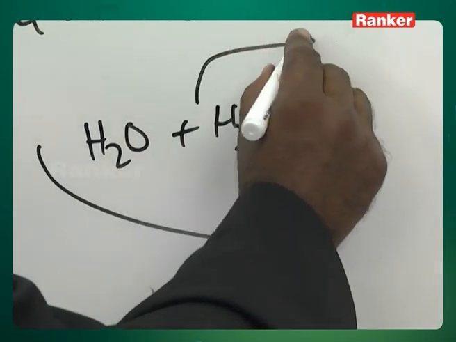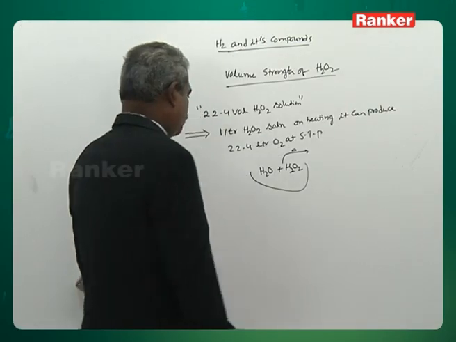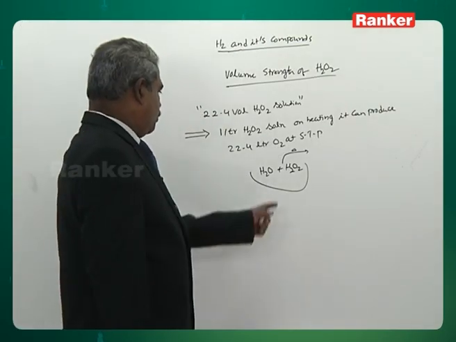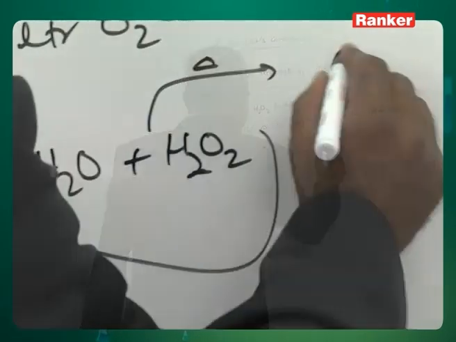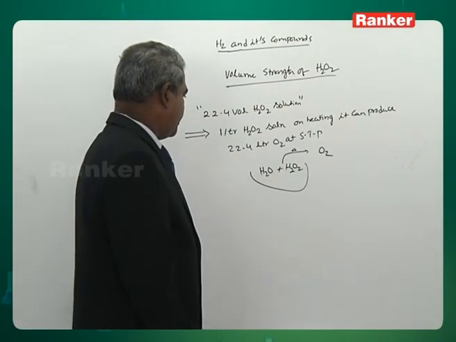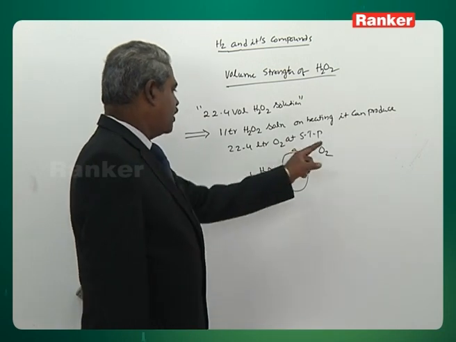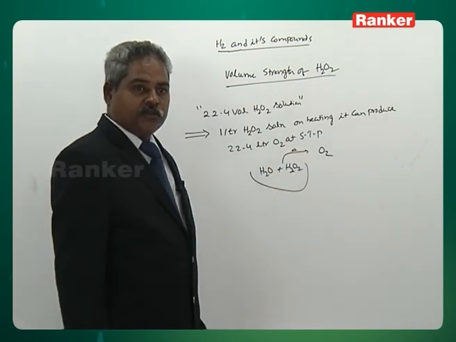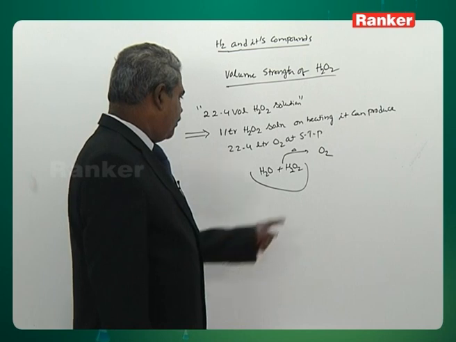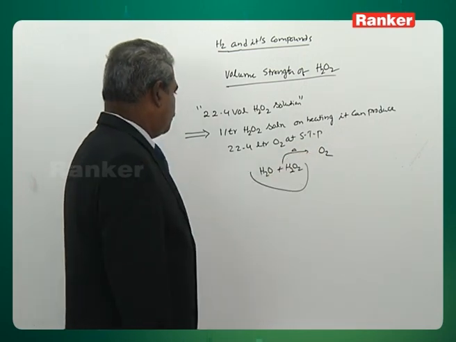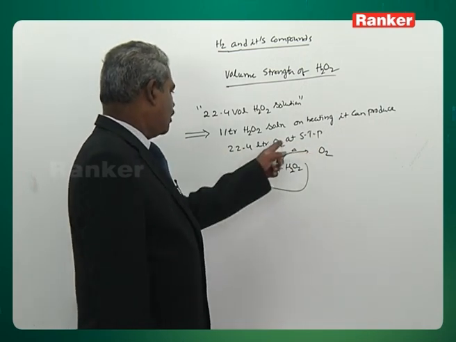On heating, what will happen? Who will give oxygen? You know H2O won't give oxygen. H2O is very, very stable. It won't give any oxygen. Therefore, it is H2O2 only that is giving oxygen. So, you are getting 22.4 liter oxygen means 1 mole at STP. I mean, this is called 1 mole.